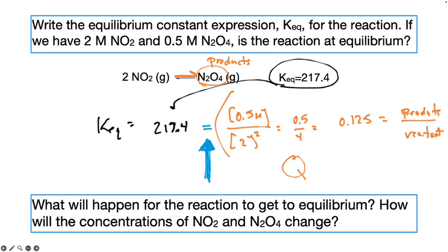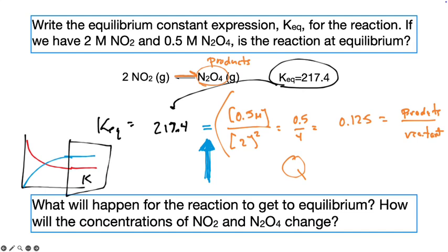That was the whole point of the graph that I didn't like, right? Our reactant concentration goes down, our product concentration goes up, until what happens? We achieve equilibrium. And in that black section, I'm now at K. What this question is now saying is I'm over here somewhere. What I'm trying to decide is, am I at the point where I'm allowed to say I'm at equilibrium, or am I before it?